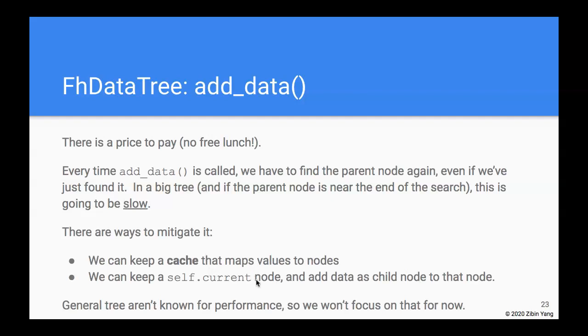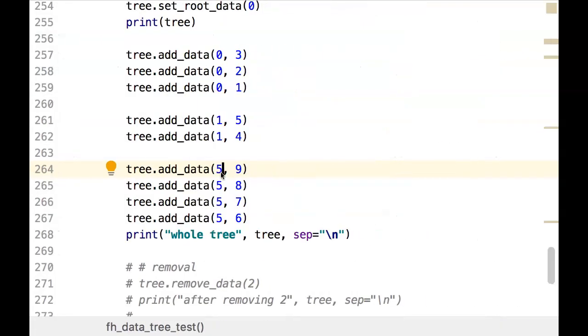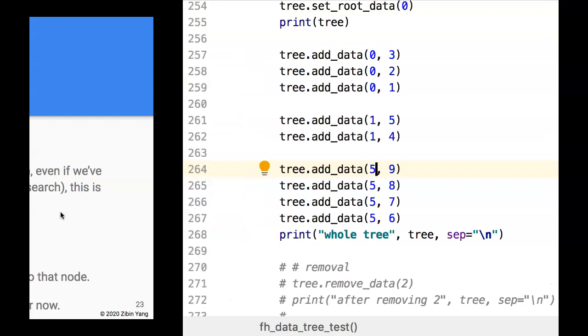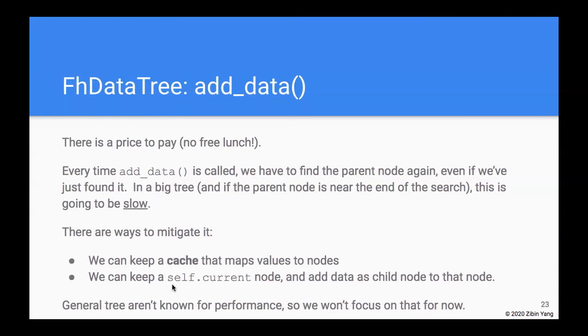Now, there are ways to help with this problem. So for example, we can keep a cache that maps the value to the nodes. So every time we are given a piece of the parent data, we can quickly look up the node that contains that data, or we can keep some sort of state like a self.current node in the tree, and we only allow attaching data to that node.